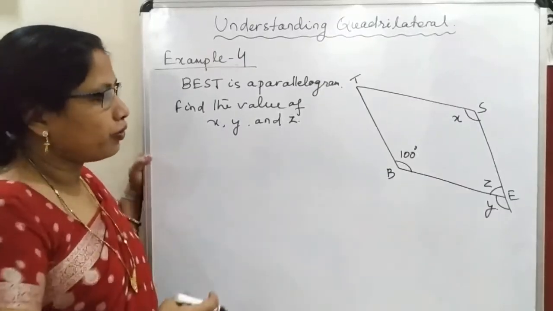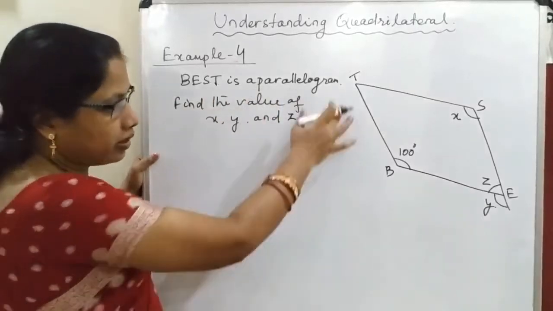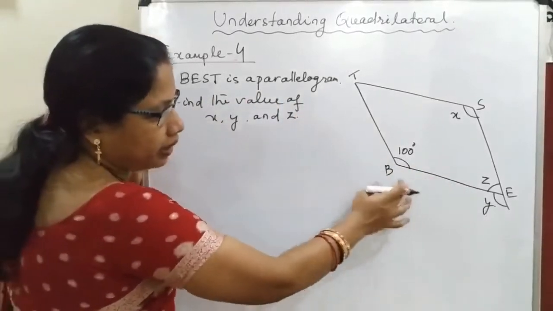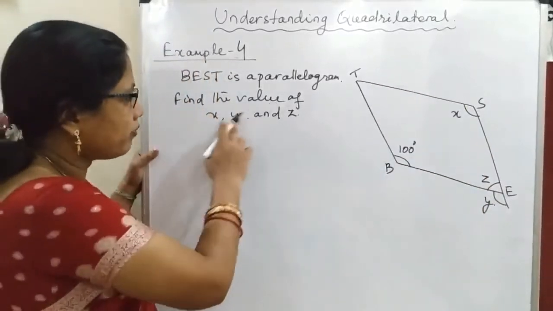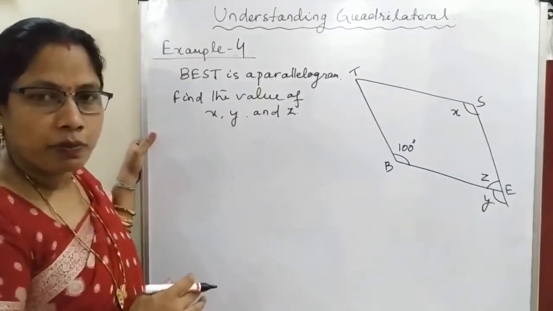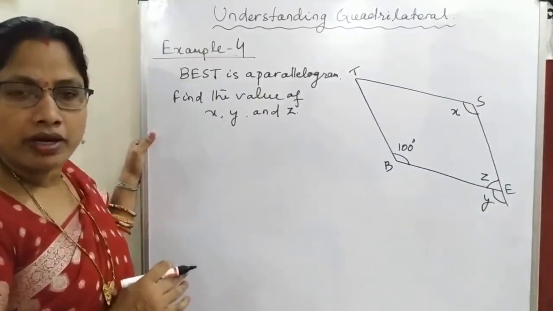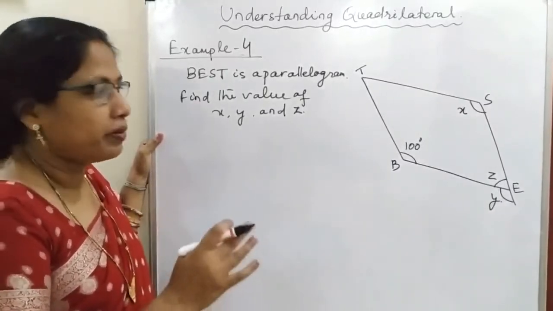Next example 4. BEST is a parallelogram. Here in this figure, BEST is a parallelogram. Find the value of x, y and z. So here we shall use the property that in a parallelogram opposite angles are equal and adjacent angles are supplementary.